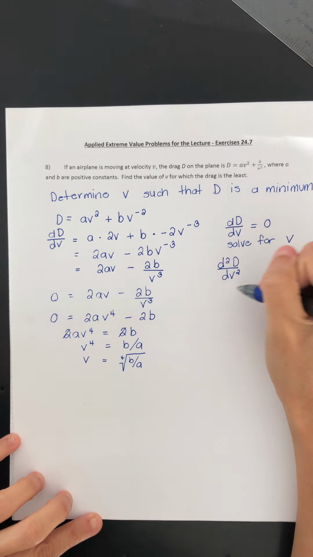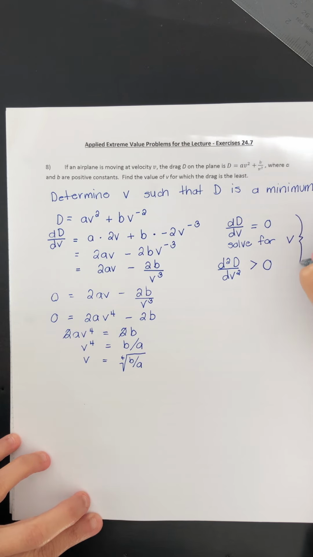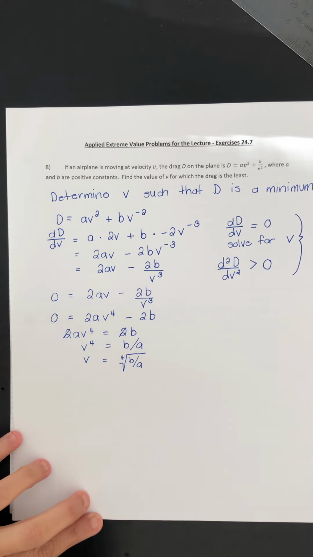And we will evaluate it at this velocity here and ensure that it is positive. Remember, when the second derivative is greater than 0, we have a minimum. So these are the 3 steps required in the solution of the problem.